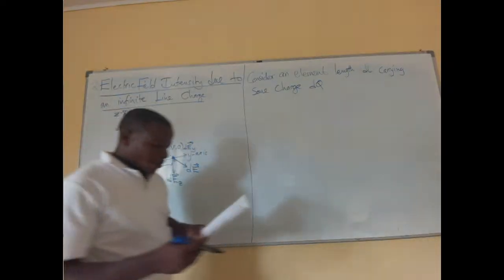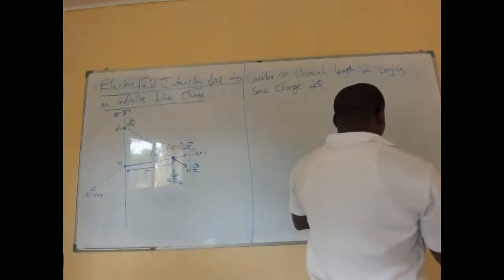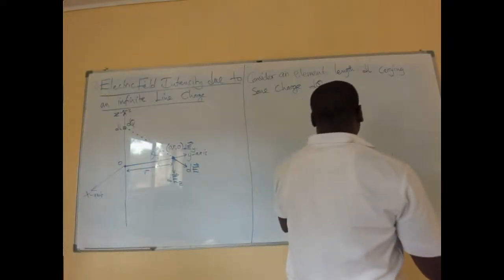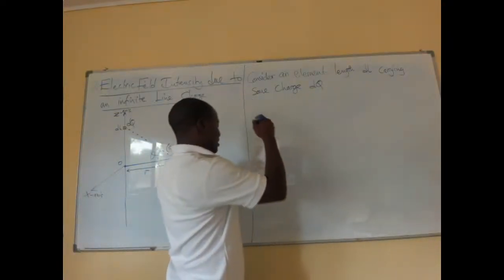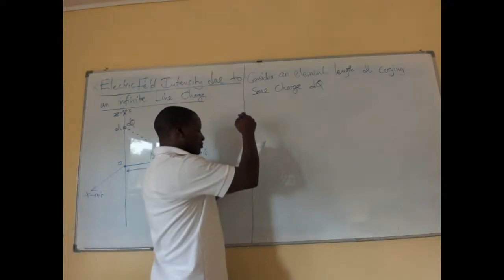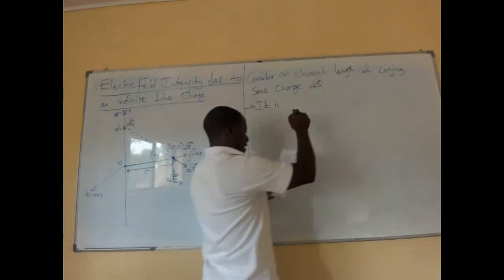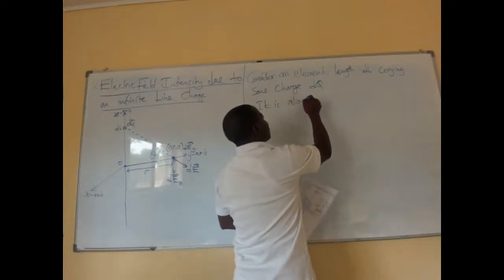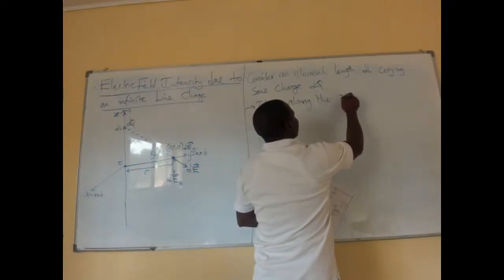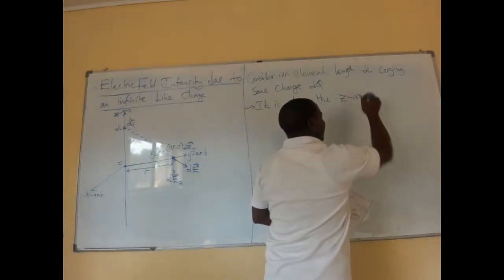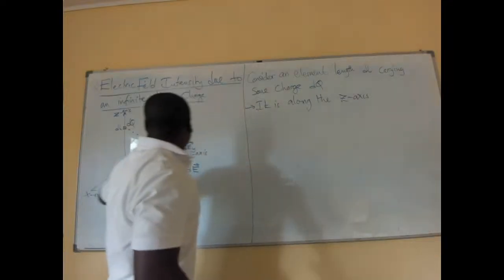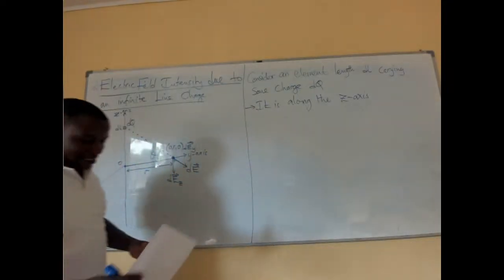Now, as can be seen from the diagram, this dL is actually along the z-axis.